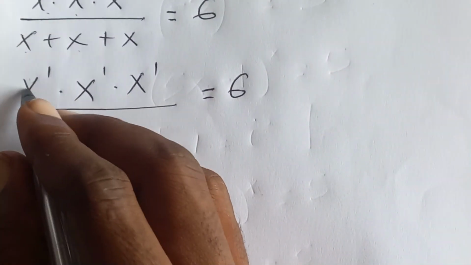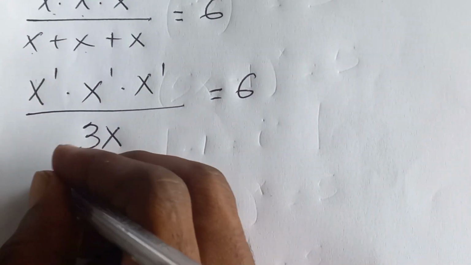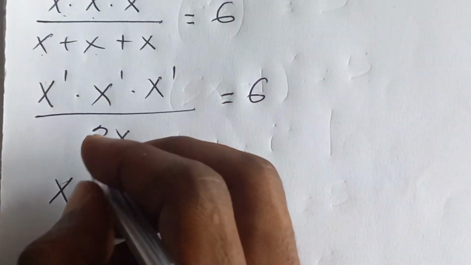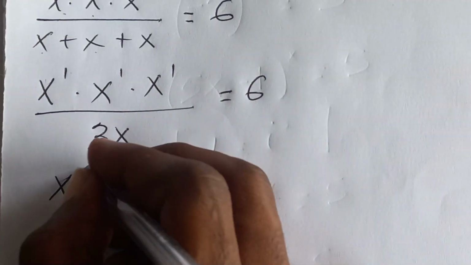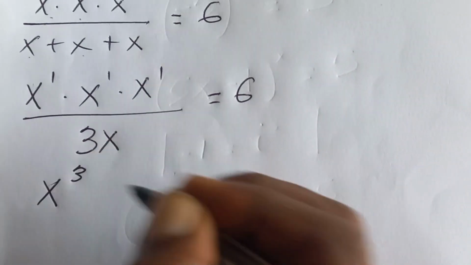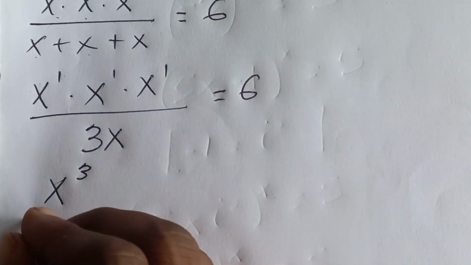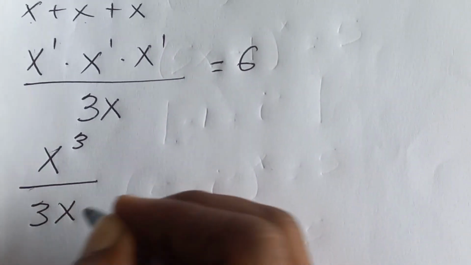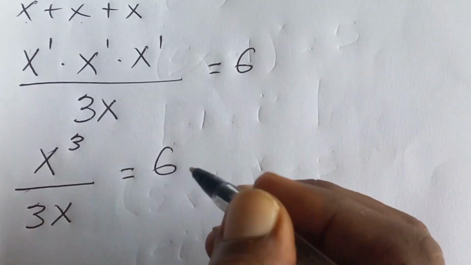Now this we can write as x exponent 1 plus 1 plus 1, which is 3, so x exponent 3 on 3 multiplied by x, which is equal to 6.